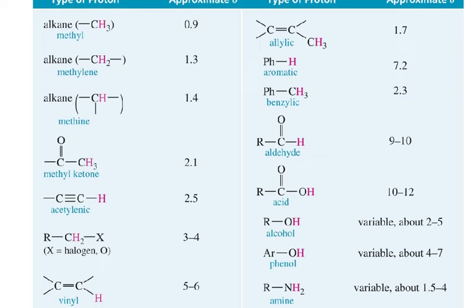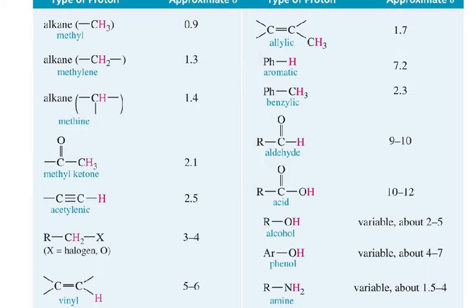So alkanes are going to be the least deshielded. Nothing's going on with them. There's no electronegative element. If you have one that's farther in, like if you have a CH3, CH2, the CH2 is actually more deshielded because of London dispersion forces. If you continue on and you have a carbon that has more bonds, this hydrogen is going to be even more deshielded.